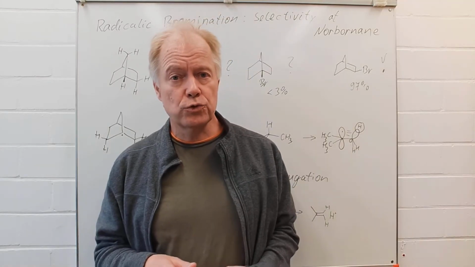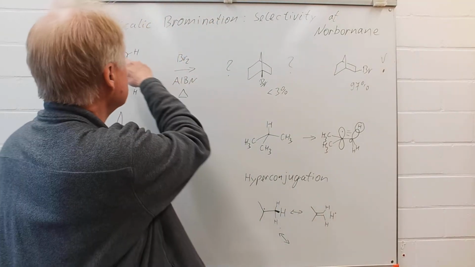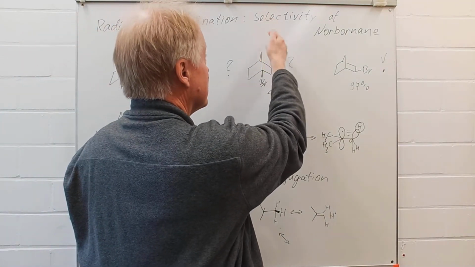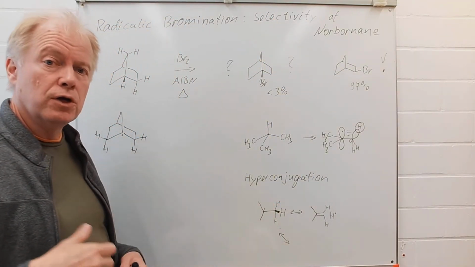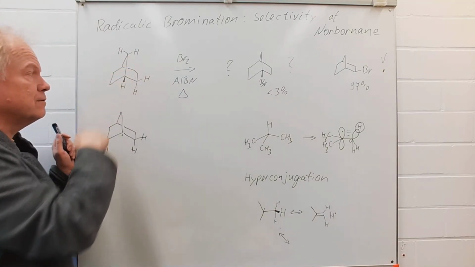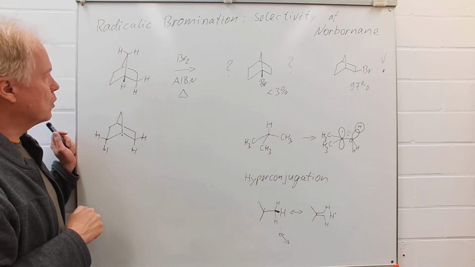In today's tutorial we will have a look at the radical bromination, and especially at the selectivity for the radical bromination of norbornane. Here we have the structure of norbornane.